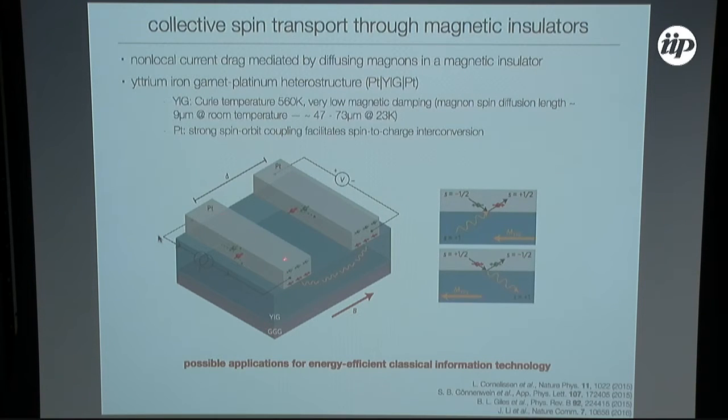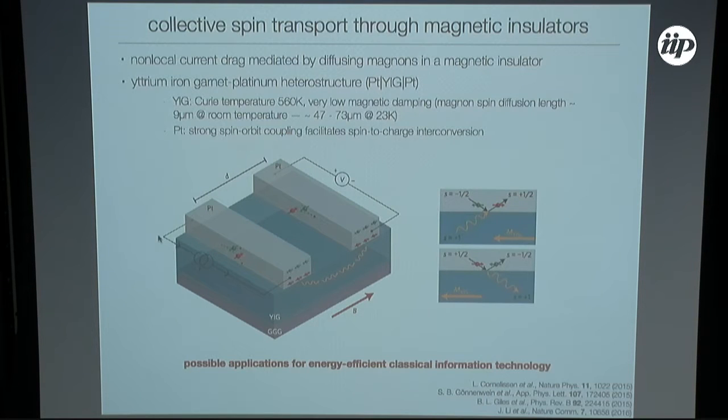By the spin Hall effect that generates a spin current, which creates a non-equilibrium accumulation of magnons, which causes them to diffuse. And if the spin diffusion length is long enough compared to the separation distance between the two platinum contacts, the magnon current can be collected at this platinum contact, and the spin current can be detected using electrical voltage by inverse spin Hall effect.